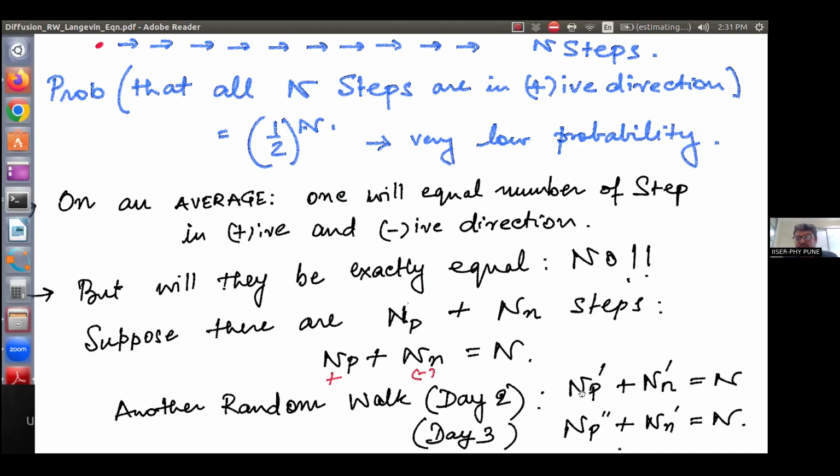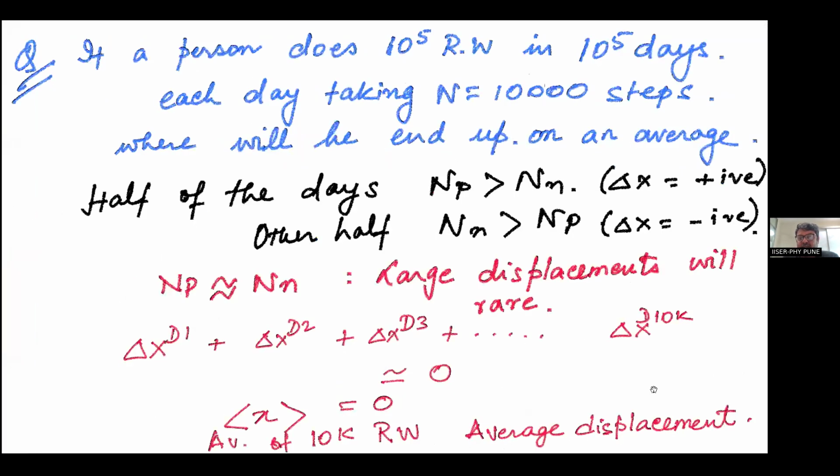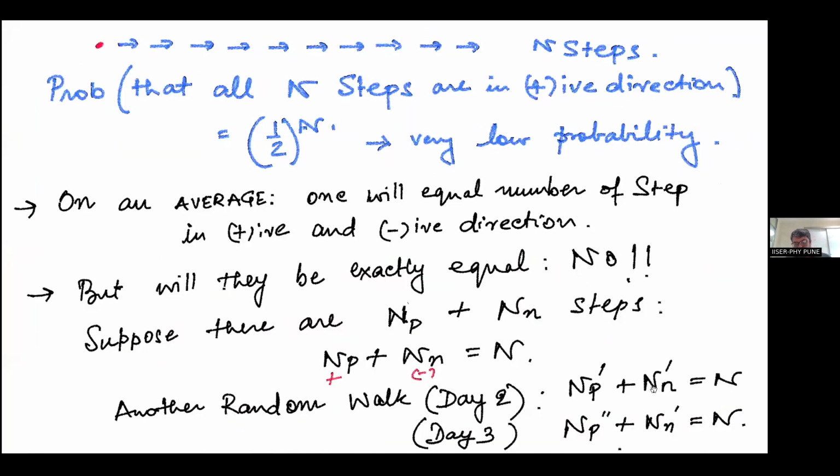On day two, suppose this is 49 and this is 51. And suppose on day three, you have this to be 55 and this to be, let's say, 45, and so on. So every day he's taking a different combination. He is not consciously taking it, but he's taking random numbers. So the combination of NP and NN is going to be different, right? And every day he's going to end up at a different point in space away from the origin.